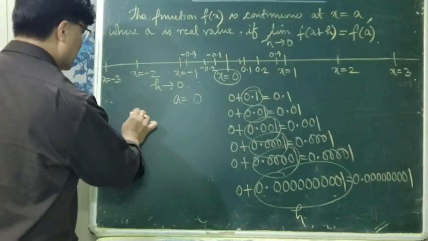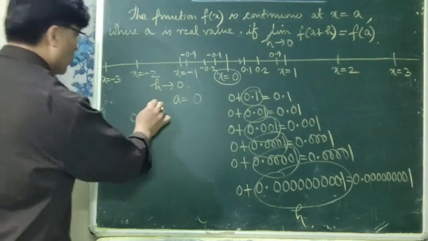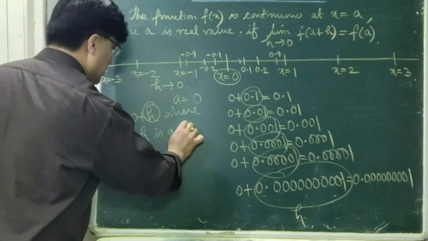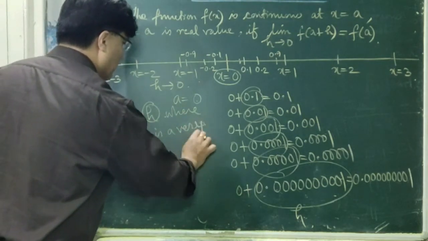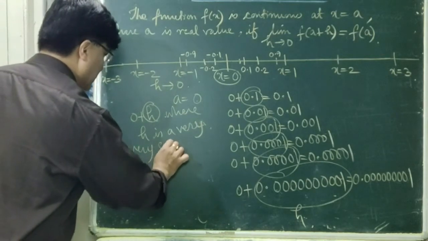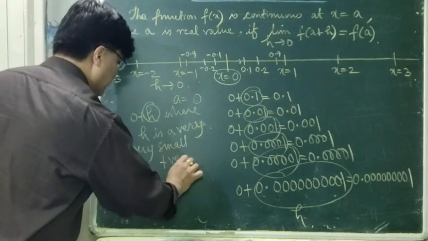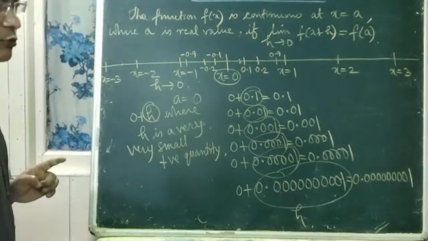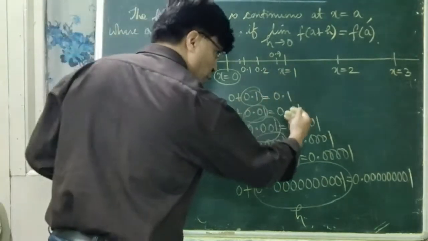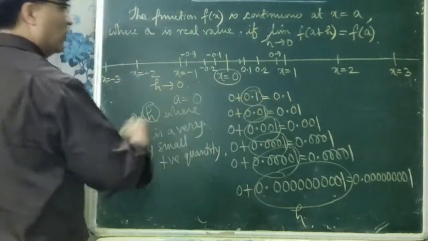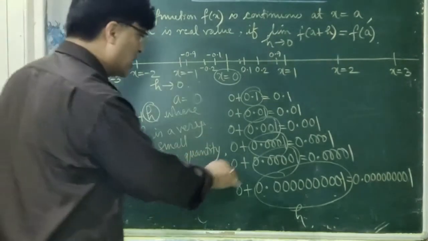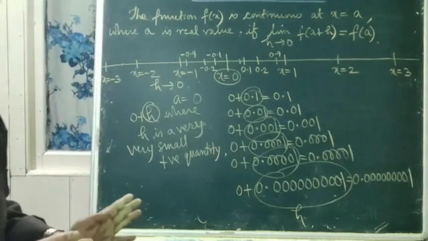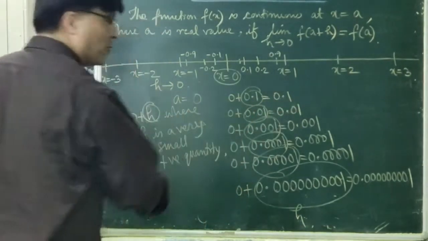So in this case we have taken 0 plus h, where h is a very very small positive quantity. That is, we are approaching towards 0 from the right hand side only. So in this case, we are approaching towards 0 from the right hand side.